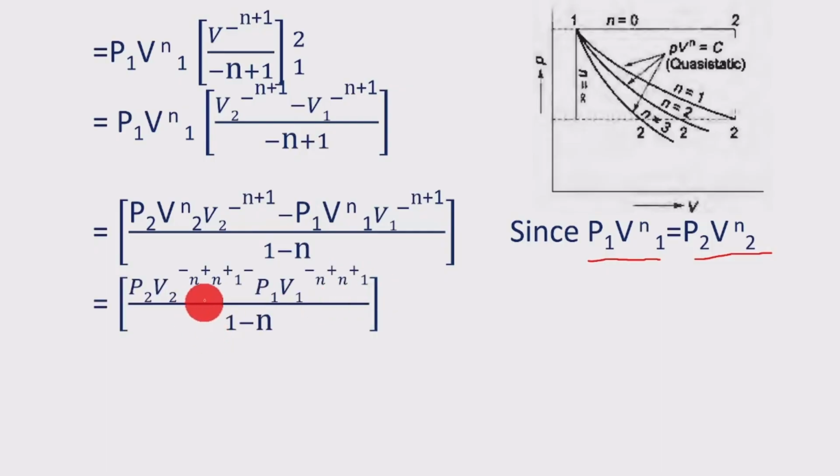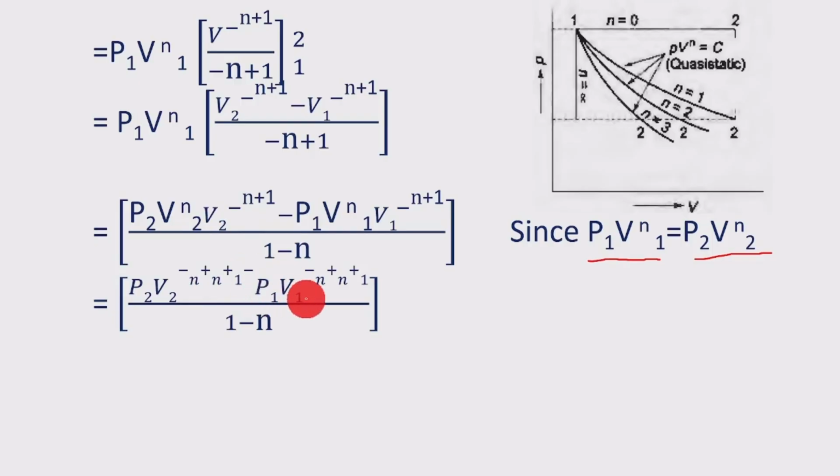Then for V2, if you take the index, it is P2 V2 raised to n minus n plus 1, that is minus n plus n plus 1.